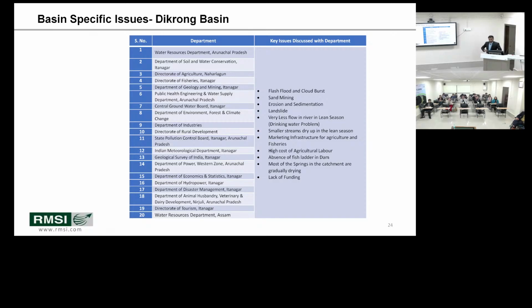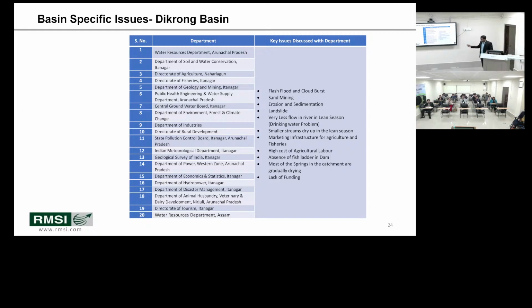The agriculture and fisheries departments also mentioned their problems, like very little marketing infrastructure. You also need to consider how this can be incorporated into the master plan from an economic point of view.